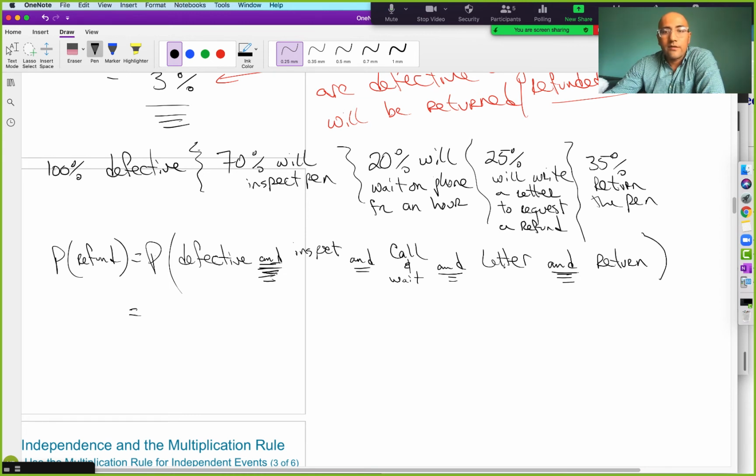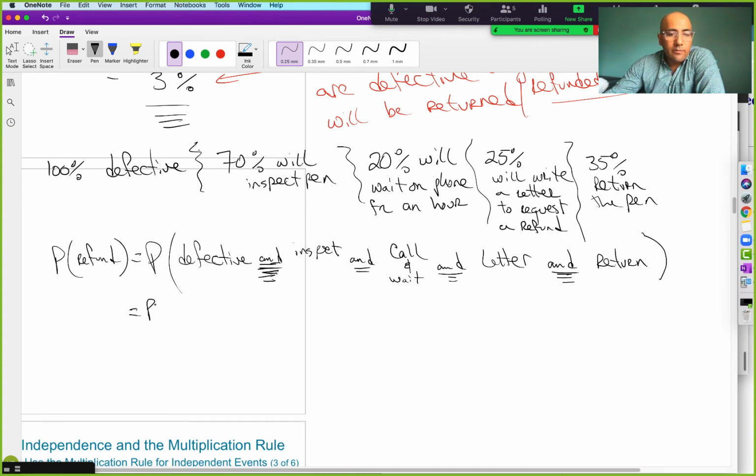I want my full refund. Please send my return envelope to a certain address. Okay, and then you get that return envelope and then you actually return it. You got to put it in there and you got to go over to the mailbox or the post office and return it. Okay, so all those things have to happen. They're all independent.